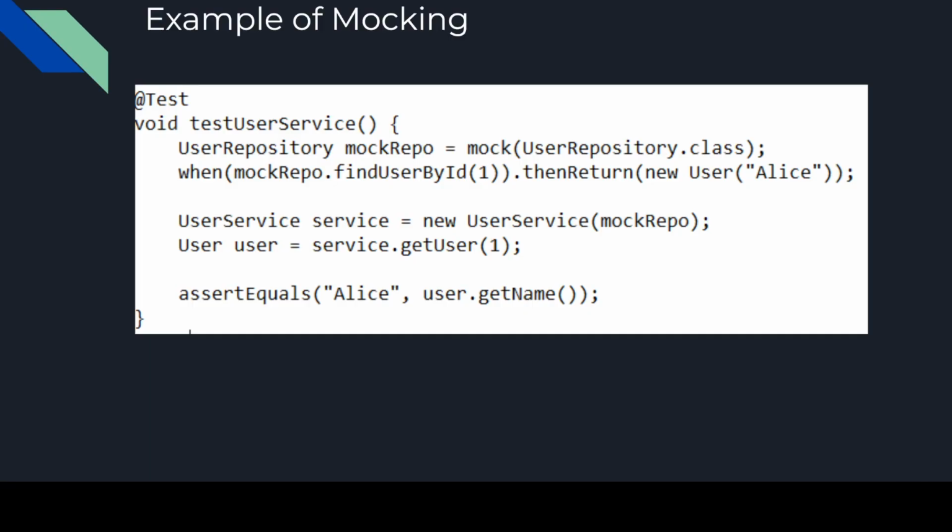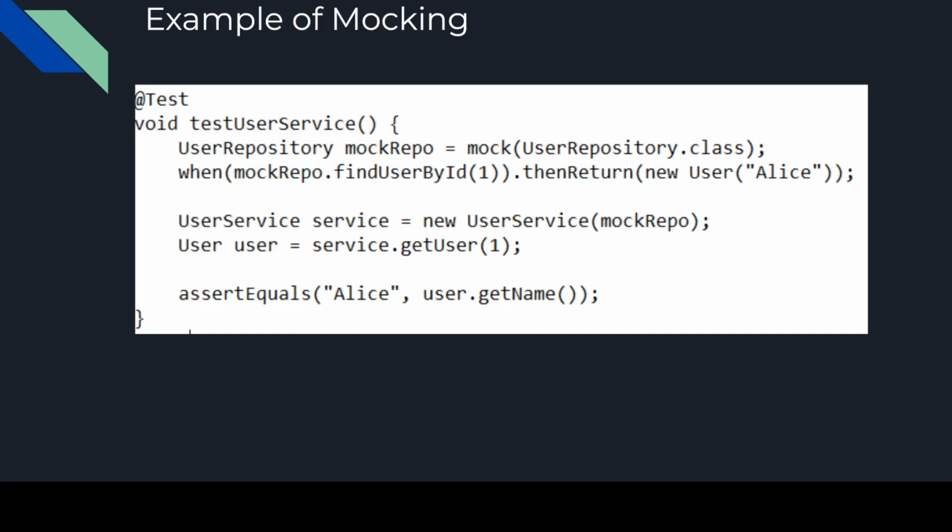We create a mock of UserRepository. We tell Mockito, when the method findUserById(1) is called, return a fake user object with the name Alice. Then we pass the mock repository to our user service. Finally, we call the getUser method and check that the returned user's name is Alice.